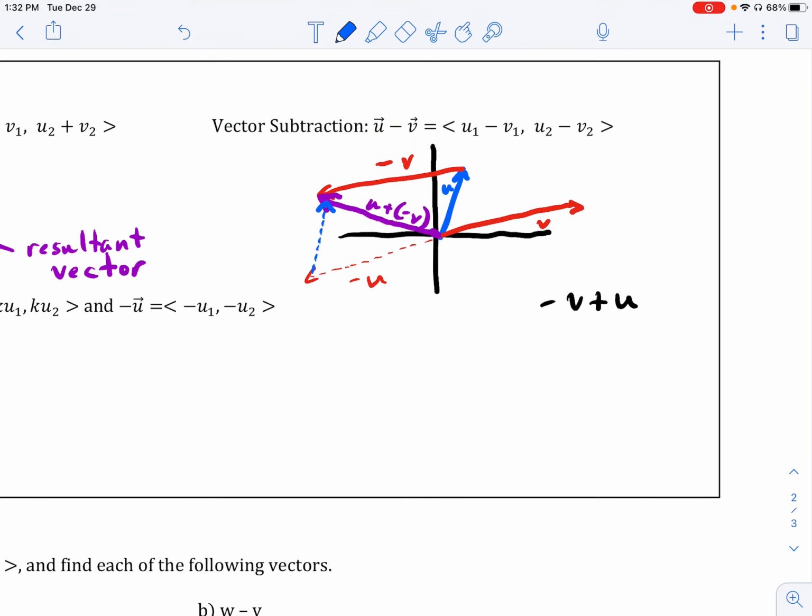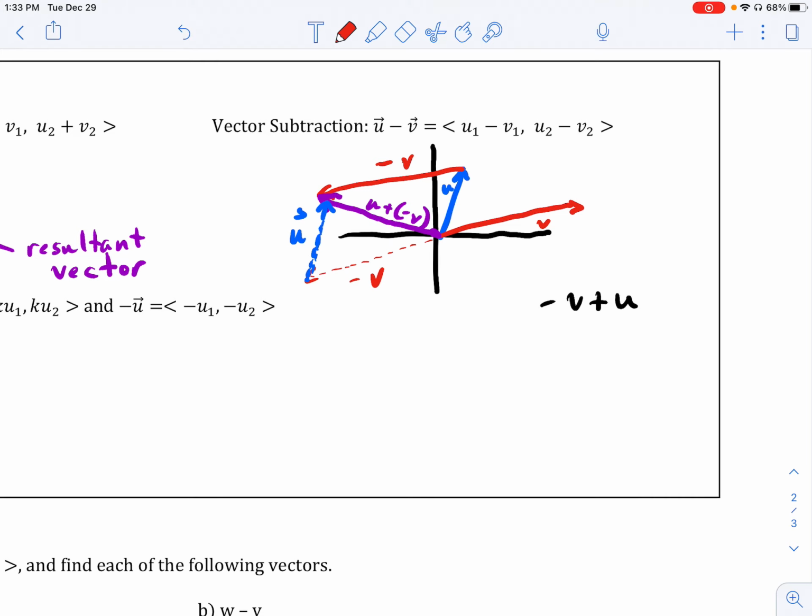Doesn't matter too much since I'm labeling everything. And that's not really perfectly parallel. I'm trying to do my best to make it parallel here. But from the tail end of negative v, oh, I mislabeled that as u, sorry about that. We got negative v plus u, and that would give me the same thing, same resultant vector up there.